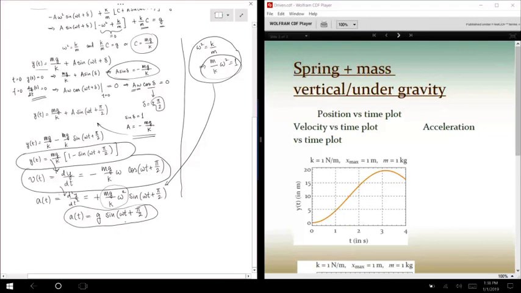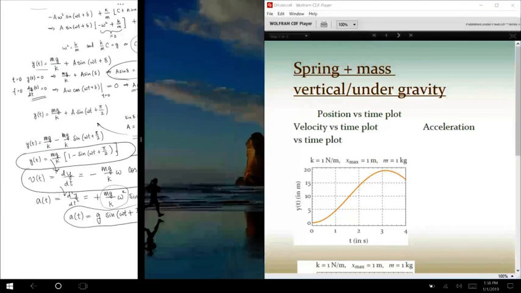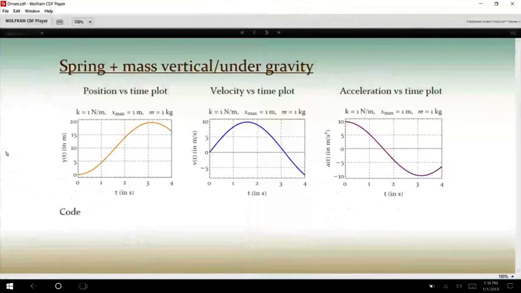Alright, now once we have found the position, velocity, and acceleration as functions of time, we can simply plot them. And that's what I've done over here. T is the independent variable, plotted along the x-axis in all three plots, and along the y-axis is the position, velocity, and acceleration as functions of time.